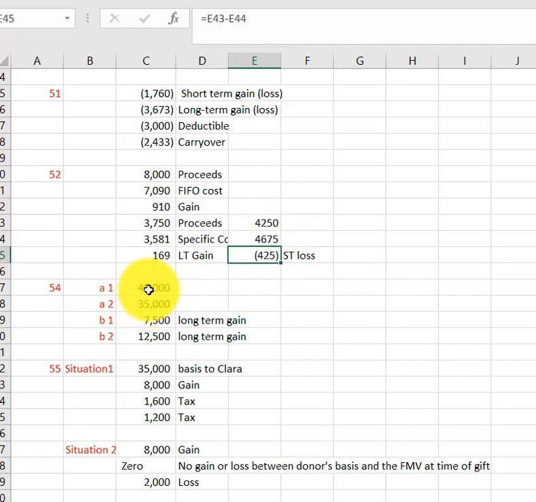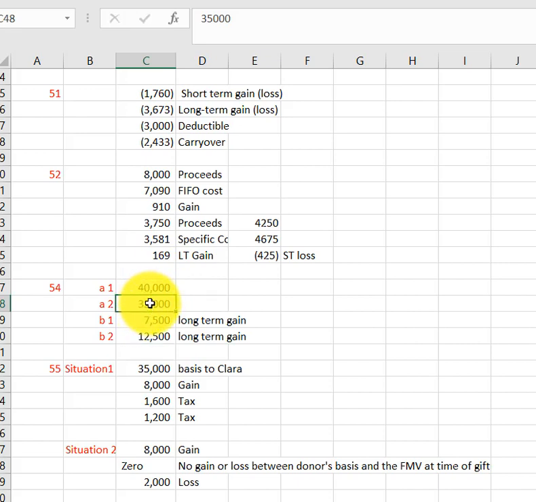54, we inherited property at the value of $40,000 at the date of death. That is the ordinary, this default, you might say, basis to the inheritor, the one that's inheriting the property, unless the estate elects an alternative valuation date.